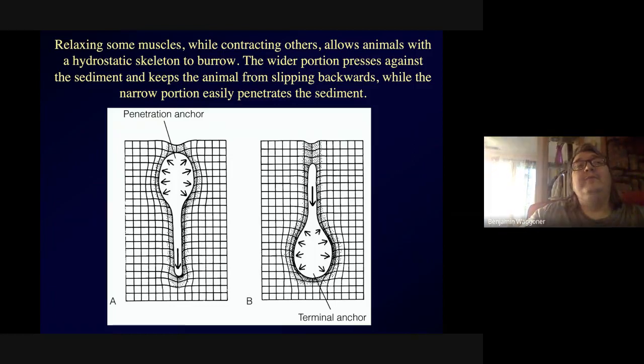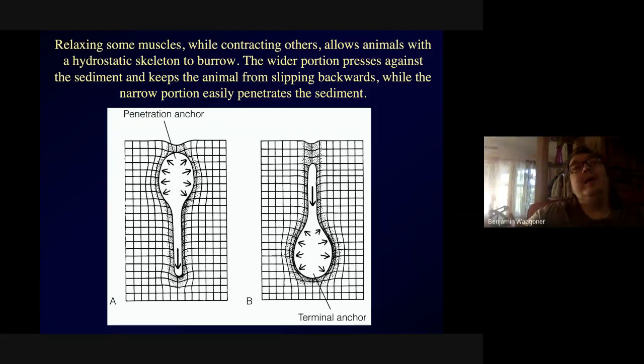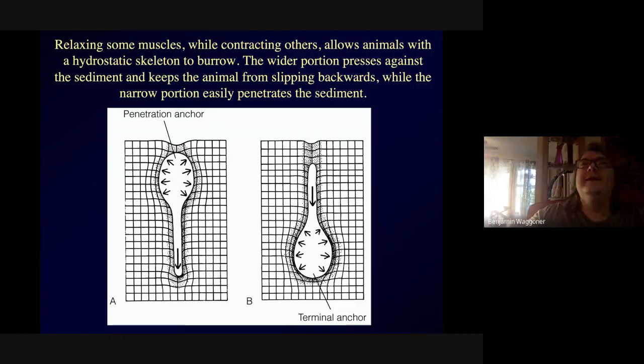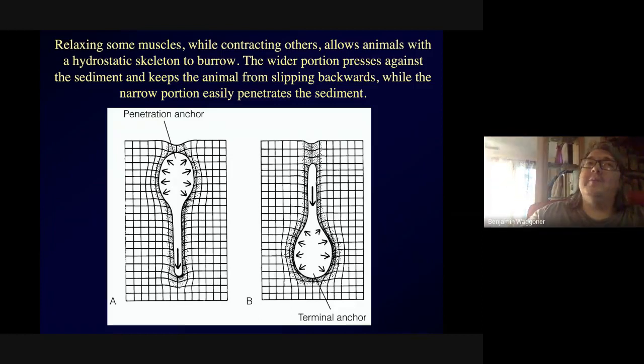But okay, let me think. Okay, it'll relax circular muscles and contract longitudinal muscles at the back end, which makes its back end stubby and thick, so that pushes against the sediment and holds the worm in place.